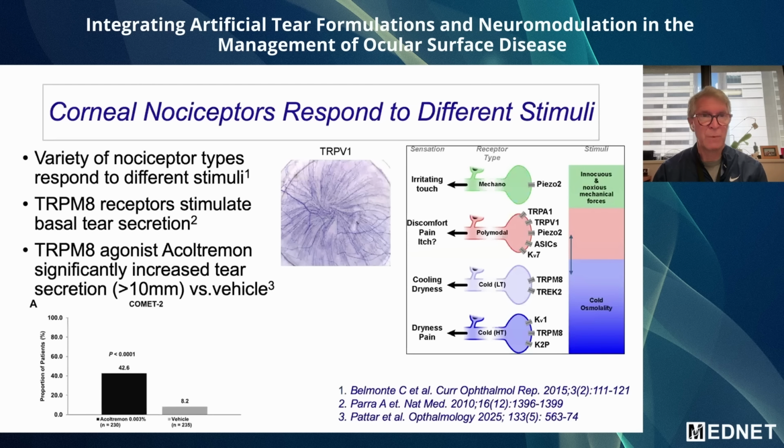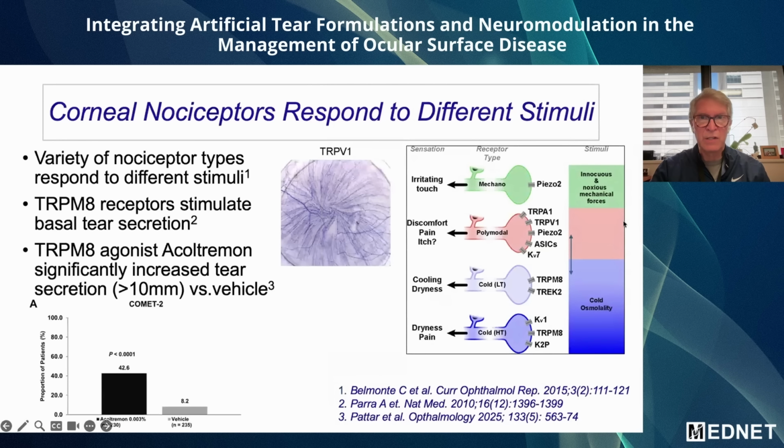And as I mentioned, the TRPM8 agonist, Coltramon, was found to significantly increase tear secretion. About 43% of patients using that had a greater than 10 millimeter increase, compared to only 8% of vehicle treated. So it's very effective in stimulating tear secretion.